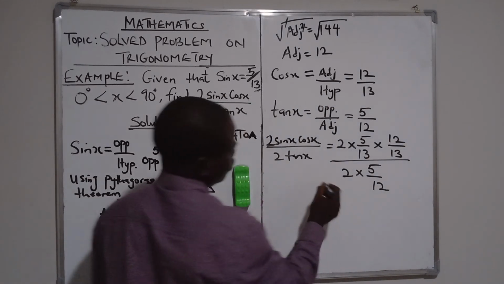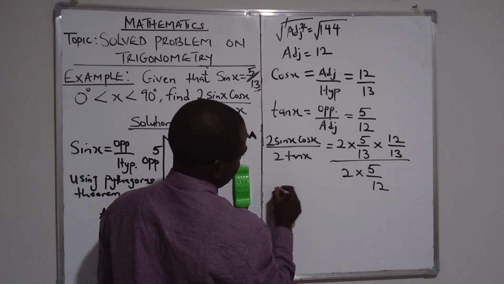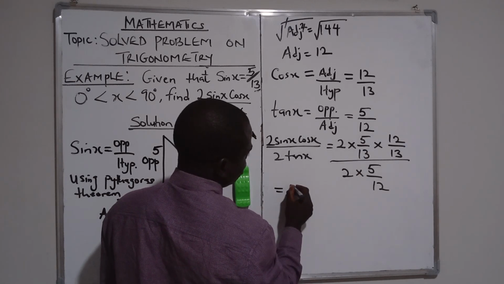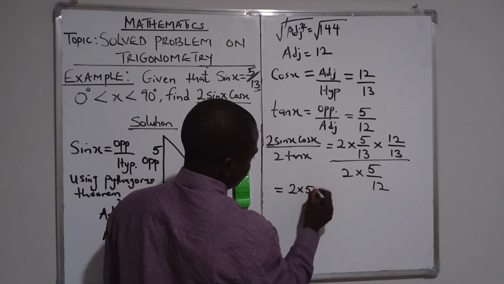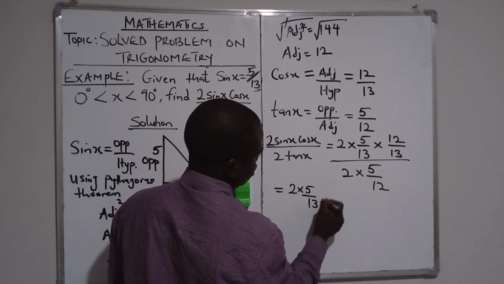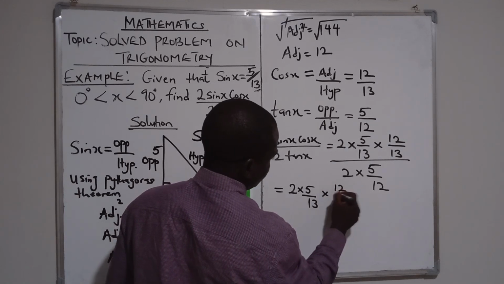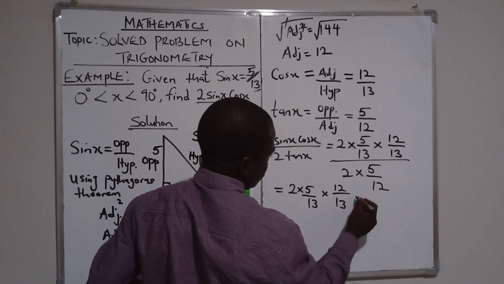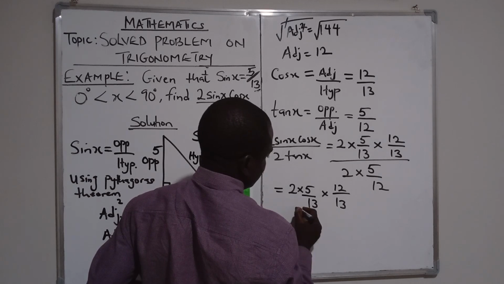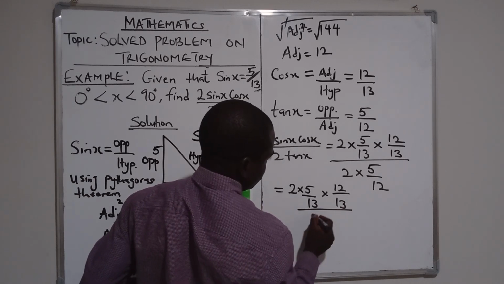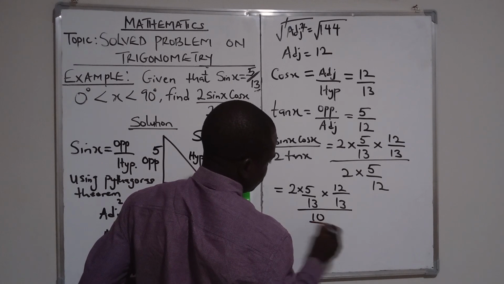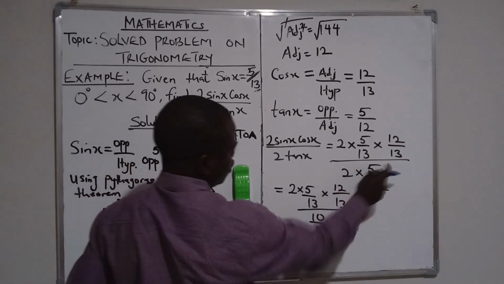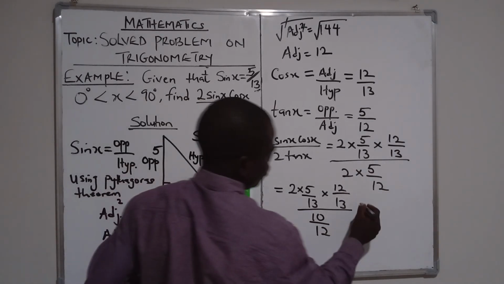Now you have 2 times 5 over 13 times 12 over 13, divided by 10 over 12. 2 times 5 is 10 over 12.